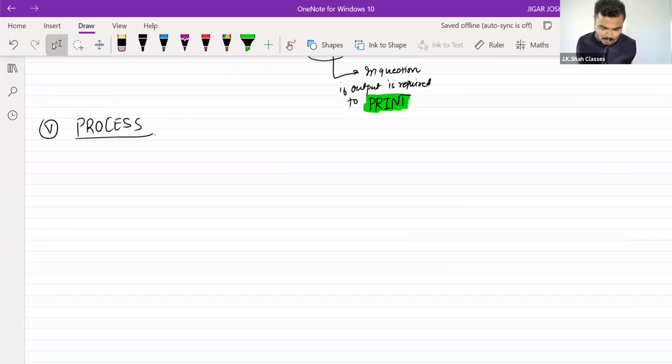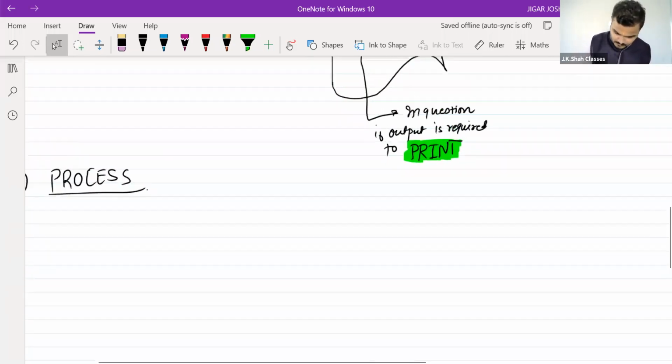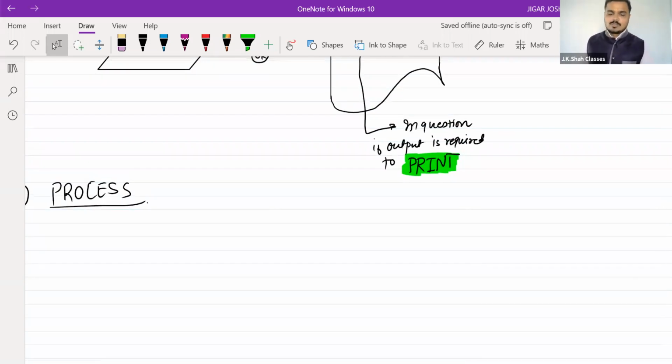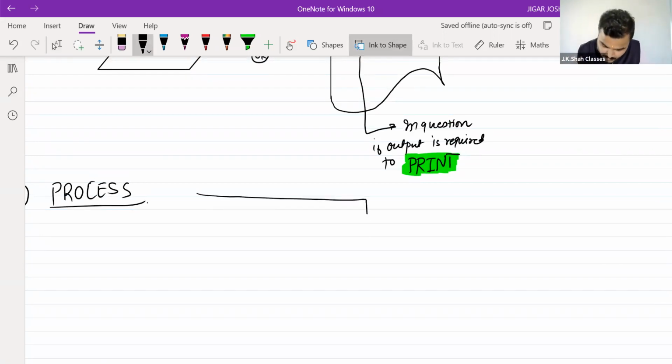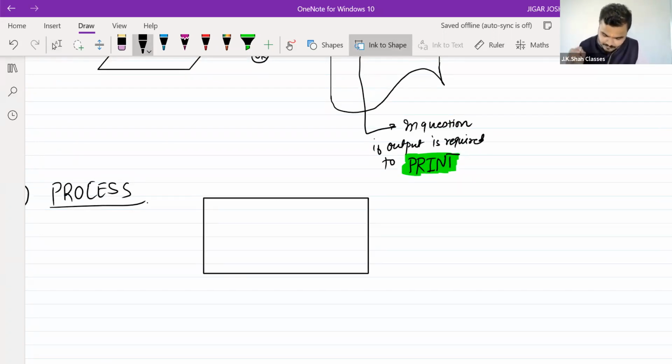In case of the process box, we need to draw only a rectangle with 90-degree angles. Only a rectangle is required to be drawn. That's it. Understood? Yes. And no command in it. Inside, you do not require to write any command.